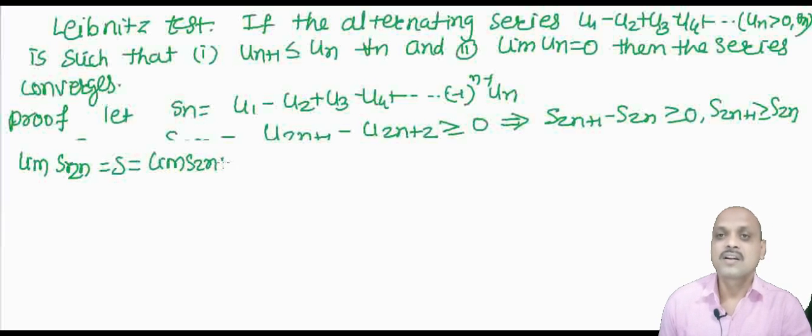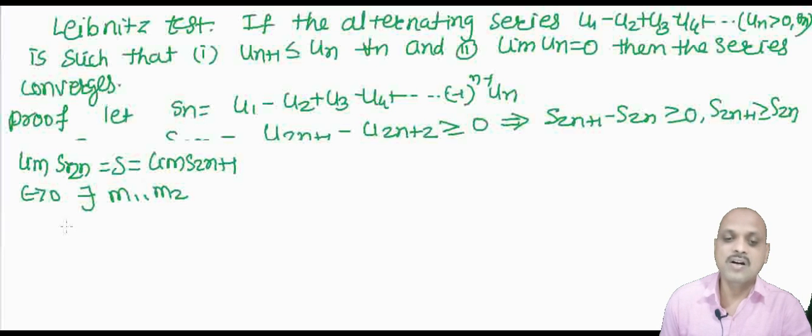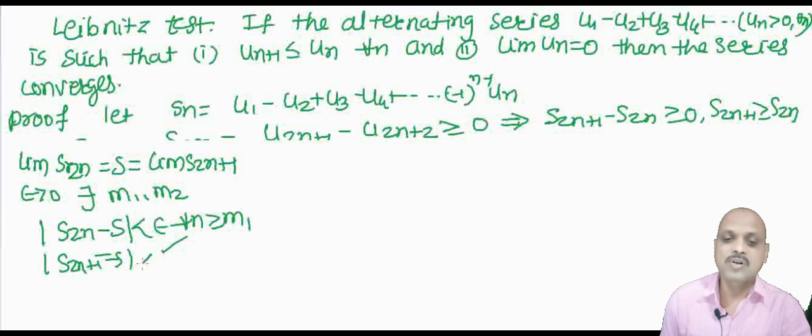Now by the definition of limit, for epsilon greater than 0, there exist two positive numbers m1 and m2 such that mod of S2n minus S is less than epsilon for all n greater than or equal to m1, and mod of S2n+1 minus S is less than epsilon for all n greater than or equal to m2.